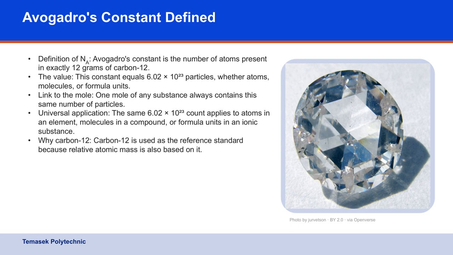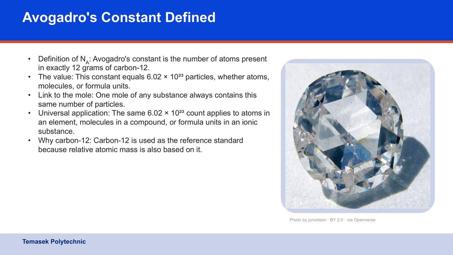And this applies whether you are counting atoms in an element, molecules in a compound, or formula units in an ionic substance. Think of it like a dozen eggs, except instead of 12, 1 mole always means 6.02 times 10 to the power of 23 of whatever particle you are working with. It is simply a counting unit, just at an astronomically large scale.